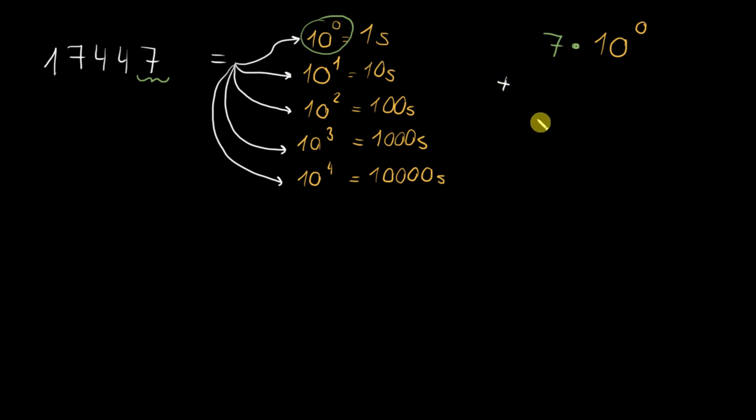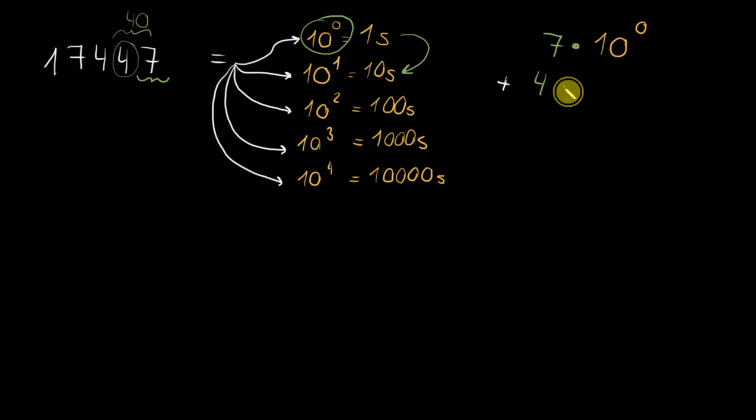Now let's look at the second number. The second number we see is 4. Now it is definitely not 4, it is 40, because it's 4, 0. We're jumping from the first number to the second one, the one that has the power of 1.